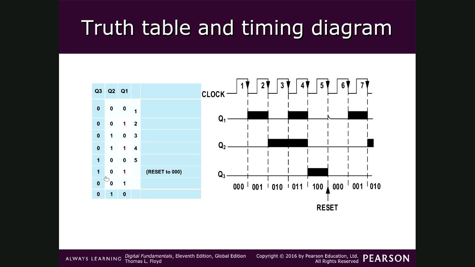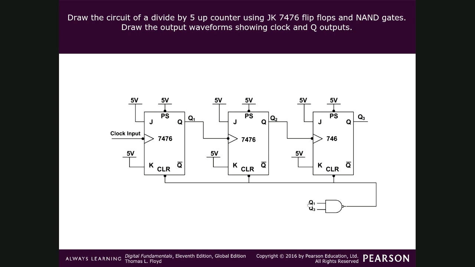So we have to reset 101 to 000. How can we reset? We have to use a NAND gate. Here Q2 is already 0, so no need to connect Q2. You have to connect Q3 and Q1 only. No need to connect all, only 2.